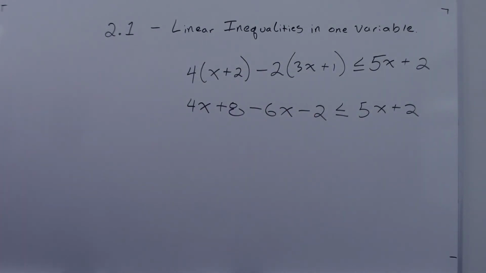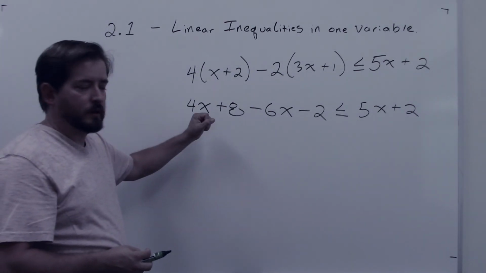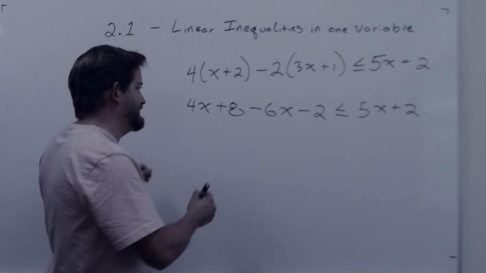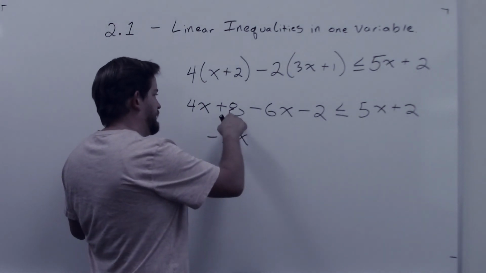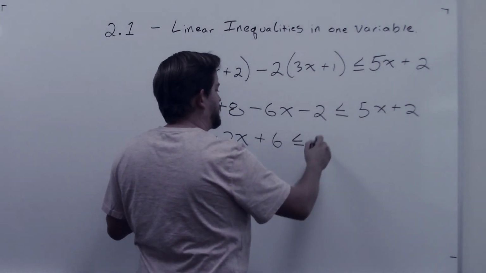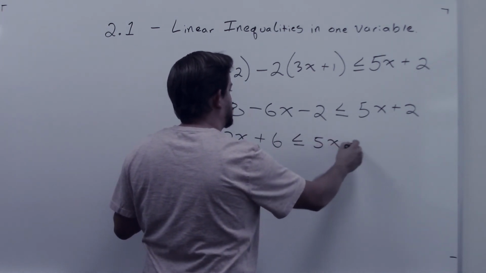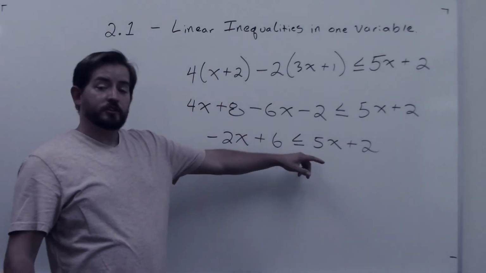Right? I can combine stuff on the left-hand side without messing up my inequality. So 4x minus 6x is negative 2x. 8 minus 2 is plus 6, less than or equal to 5x plus 2. Now I can use the addition principle for free.